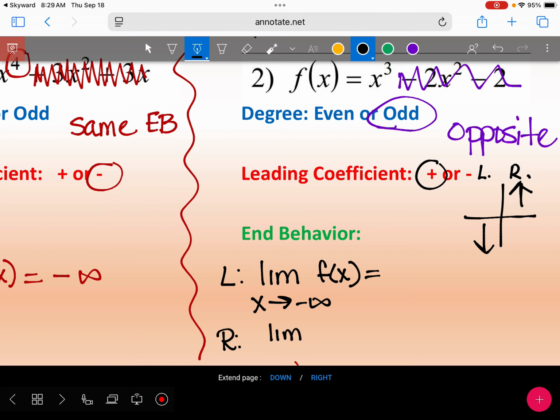The limit of f of x as x approaches positive infinity. So the left arrow, is the left arrow going up or down? Down. So we're going to put negative infinity here. And the right arrow is going up.